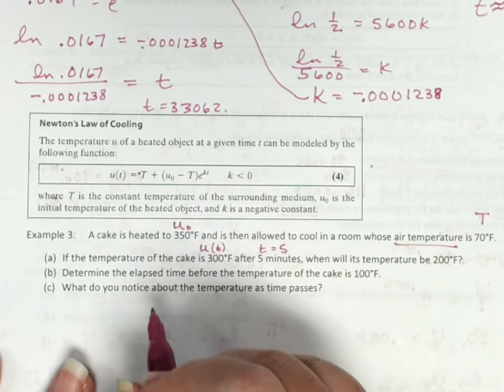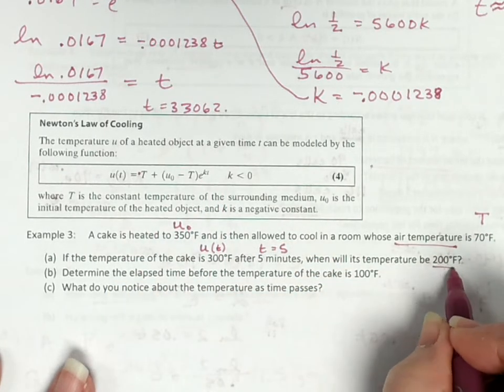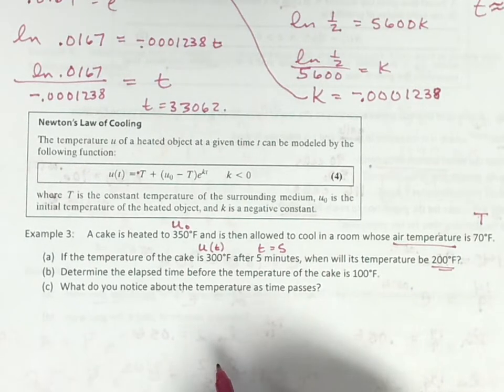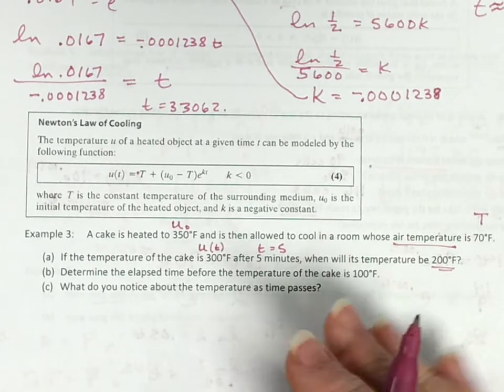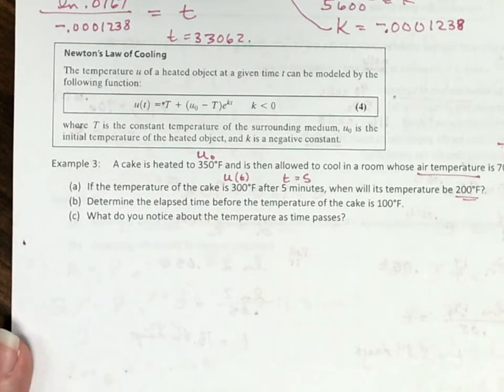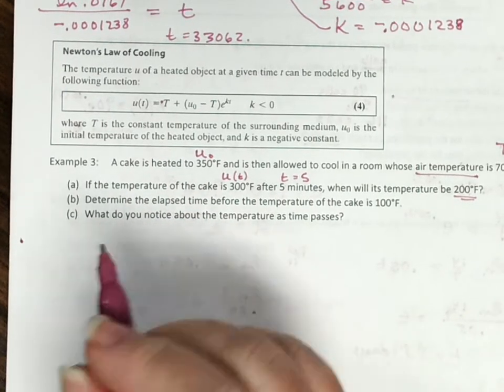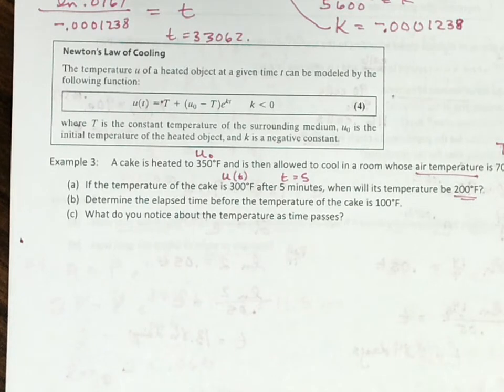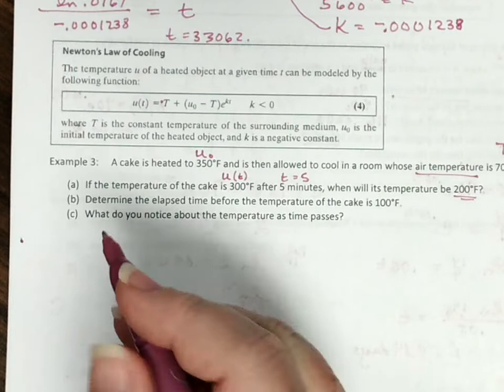What I'm missing is the K, and I can't find out when it will be 200 degrees until I have the K value. So I'm going to set up a problem for part A. The very first part I'm going to set up is that I have a 300 degree temperature at 5 minutes.